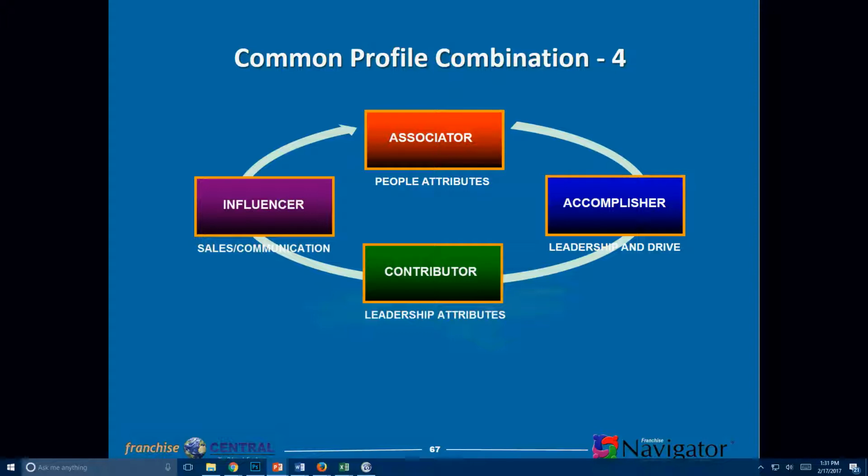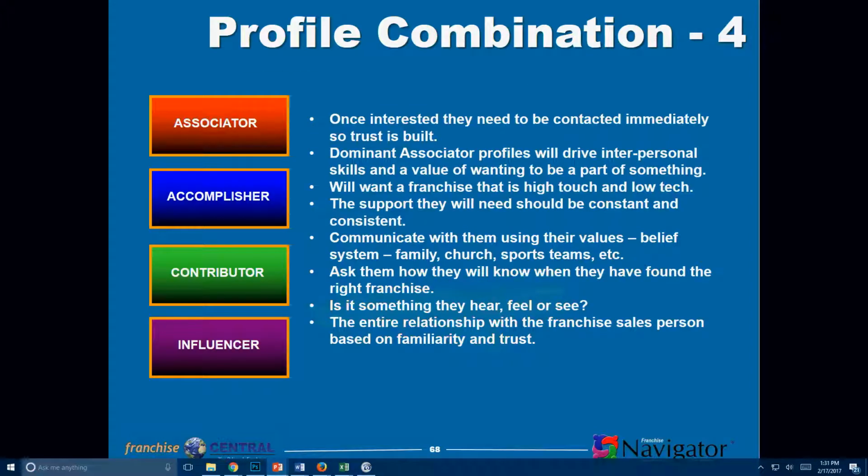Things change. The playing field has changed. As I mentioned before, if they're interested, they need to be contacted immediately and on a regular basis. They'll drive the interpersonal skills and the value of wanting to be a part of something. They'll want a franchise that is high touch, low tech. The support should be regular.